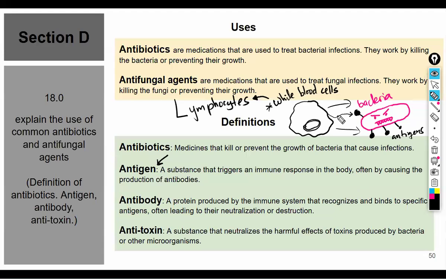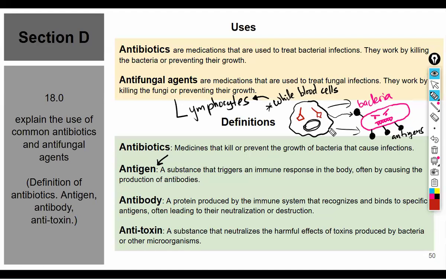When the lymphocyte goes up to the bacteria and investigates the antigens, remember the antigens are on the bacteria. Once the white blood cell figures out the type of bacteria, it will devise something to kill it. The white blood cell will start to make something. I'm going to use little diamonds here.